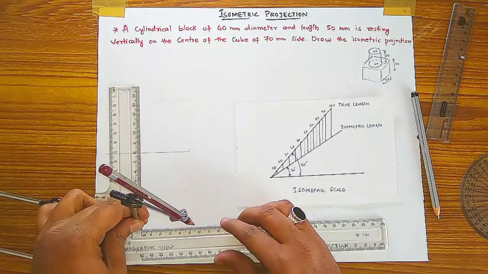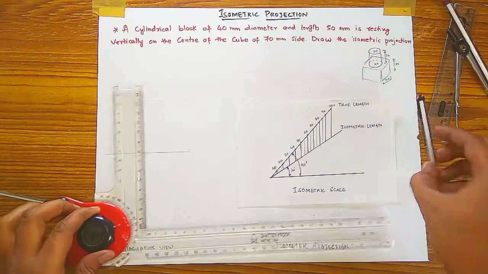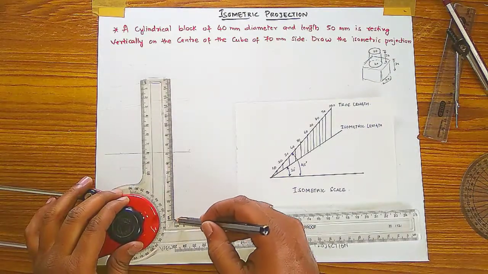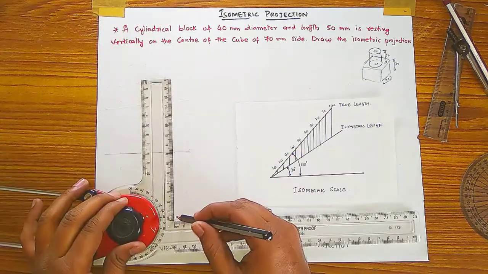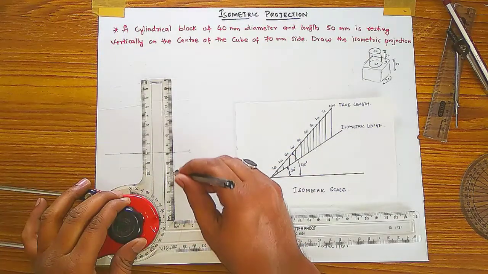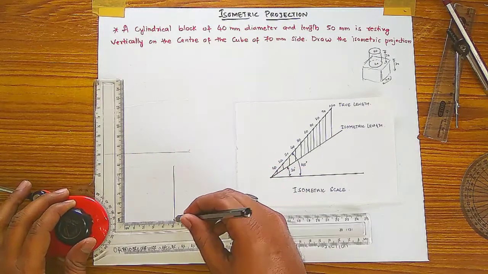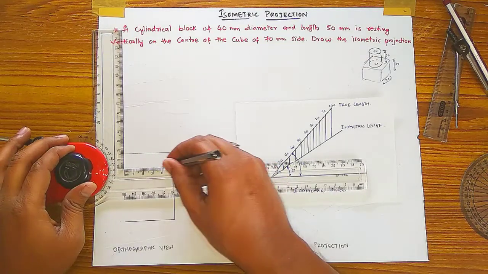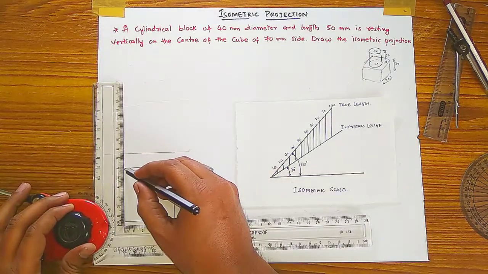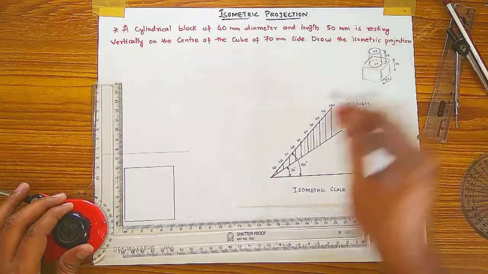So I am adjusting that measurement on a divider on the scale. Then I am getting 5.6 as the square side. So I will draw a 5.6 square side, and the same 5.6 from here, and 5.6 from here, and I will join this, so that the square of this cube is visible from the top.